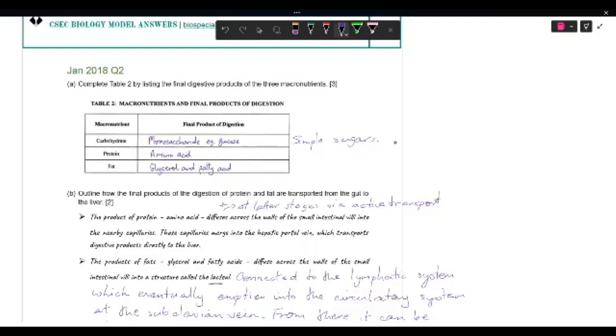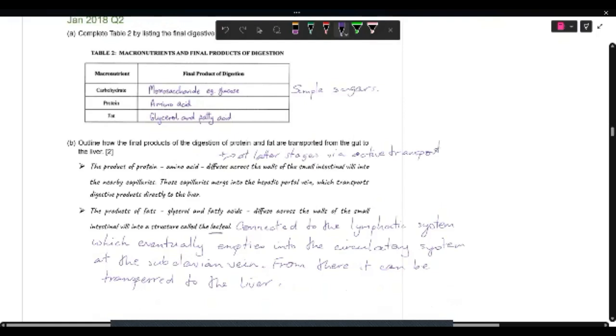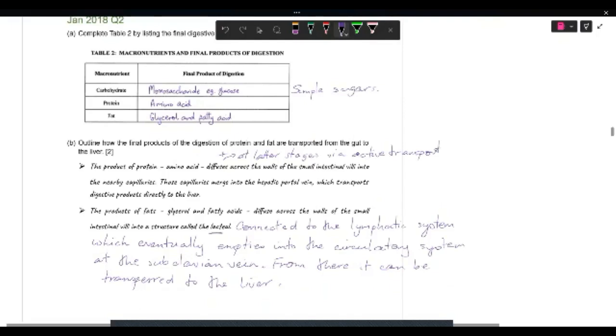And then we talk about how they get to the liver. So the protein end product, which would be your amino acids, those would diffuse and at later stages via active transport. They will be transferred across the walls of the intestinal villi into nearby blood capillaries, right?